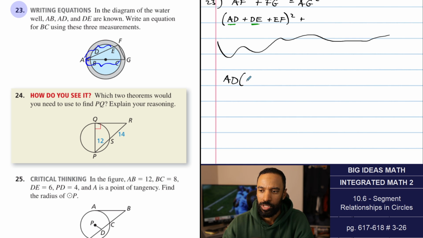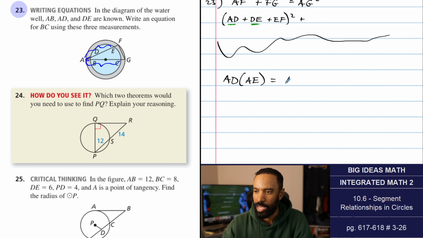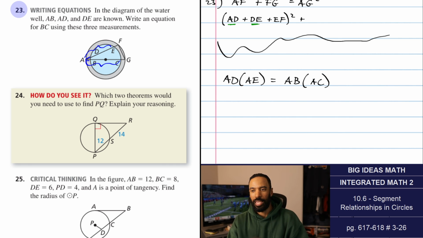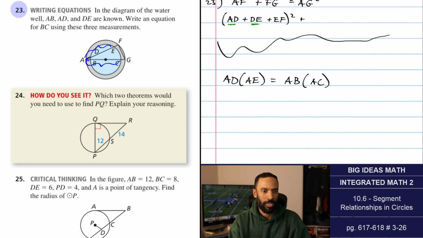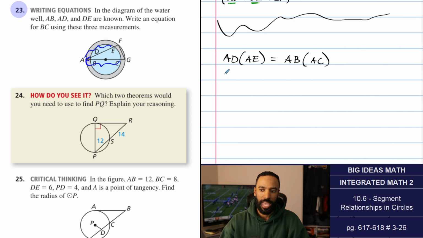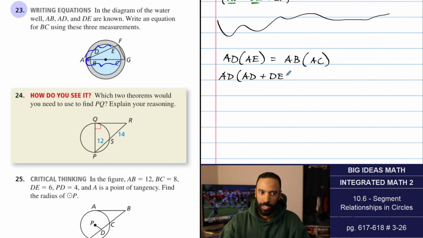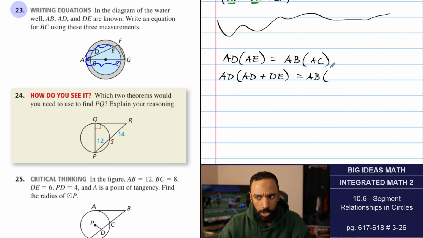Outside times whole equals outside times whole. But they never mentioned AE really. They mentioned DE and BC, and we got to find BC. I'm going to turn AE into AD plus DE. And I'm going to turn AC into AB plus BC.